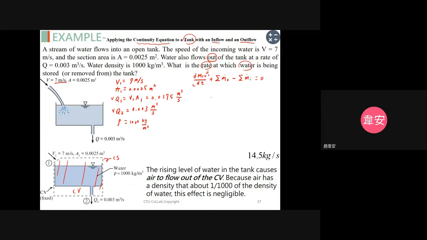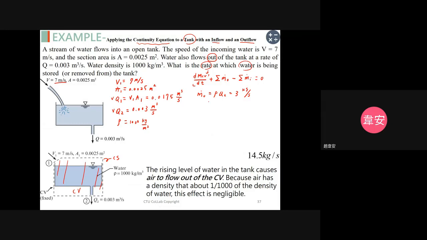First, we only have one outflow, related to Q2. So the outflow rate is equal to rho Q2. We know Q2 is 0.003 and the density is 1000, so this is equal to 3 kilograms per second.